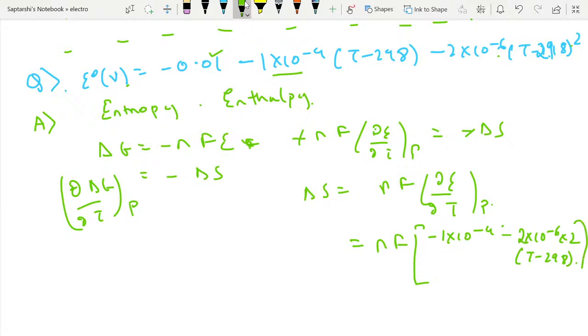So this will be our expression, and the n value for this equation, there's a big equation given, the n value for this is 1.